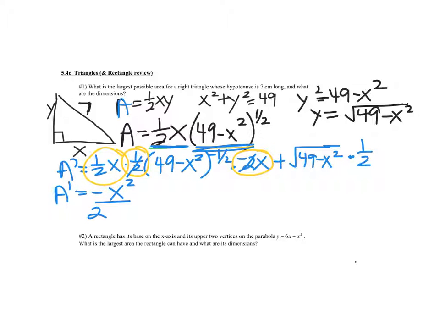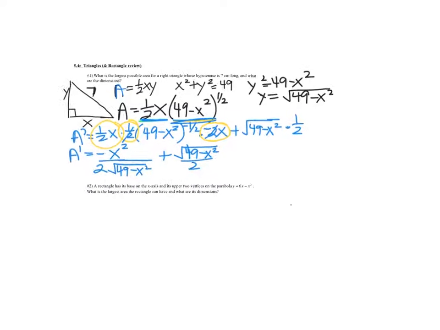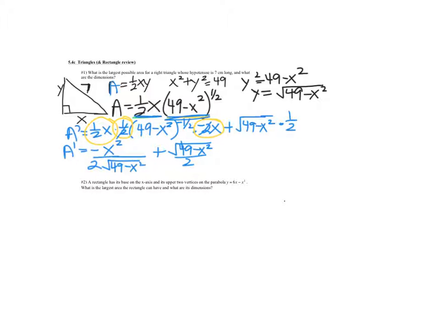And then I also have times the negative 1/2 power, so that's going to be on the bottom. Square root of 49 minus x squared. Plus the square root of 49 minus x squared over 2. Whew. All right.